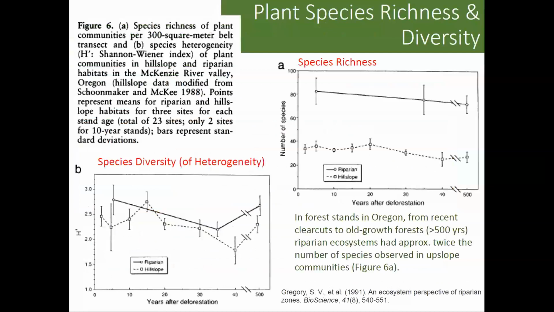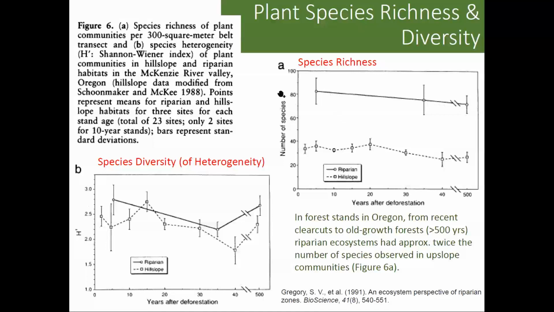This was a graphic that we talked about in class, and one of the studies that supports the idea that yes, in fact, species richness and species diversity is greatest in riparian ecosystems. In this graphic, the dashed line is the hill slope, so that would be upland environments, and the other line is the riparian environment.